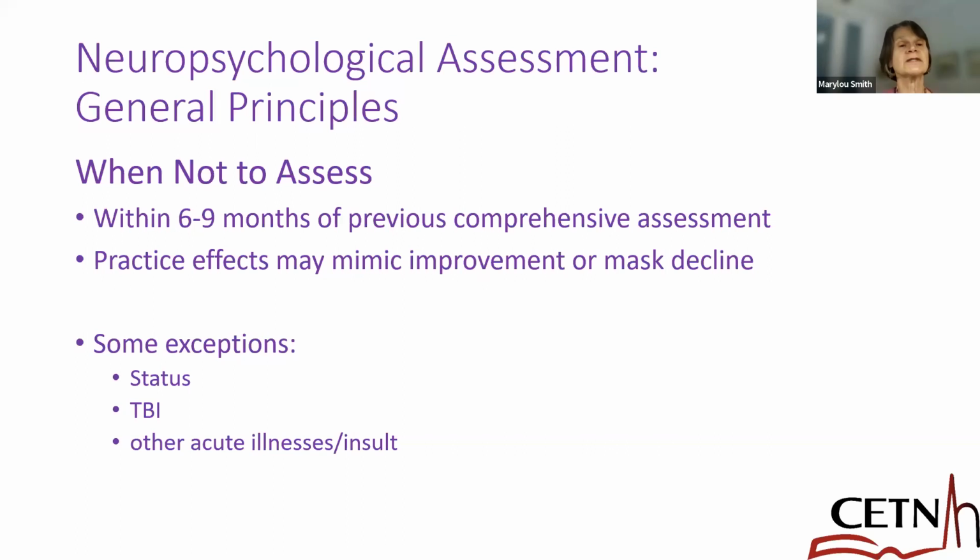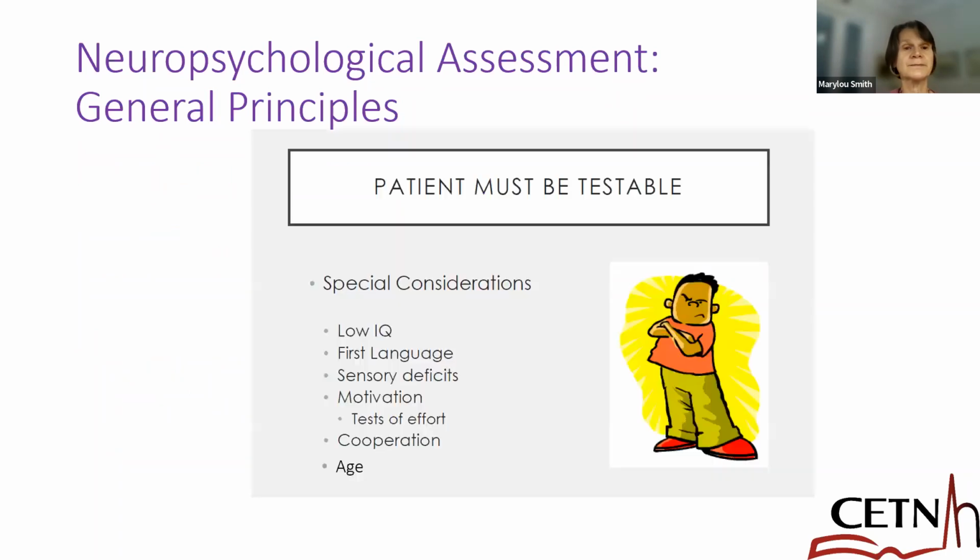There are some exceptions to this principle. So for example, if there's been a significant change in the patient's medical history, such as an episode of status epilepticus, or the patient sustains a traumatic brain injury, or there's some other acute illness or insult, then we may indeed say, yes, it would be a good time to go ahead and reassess.